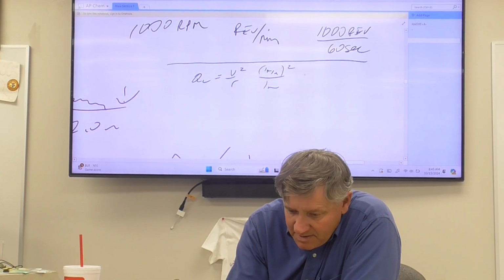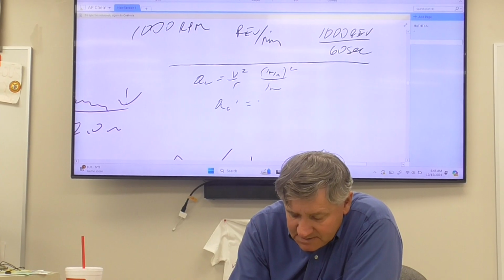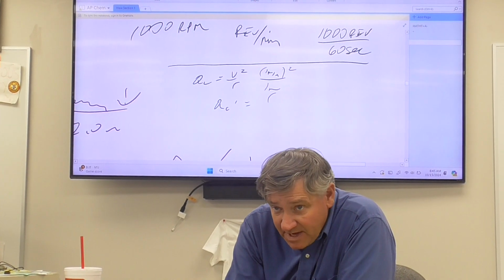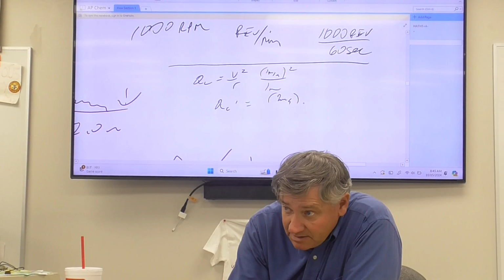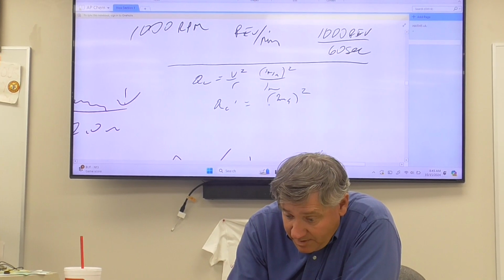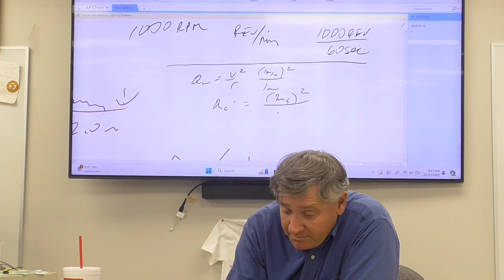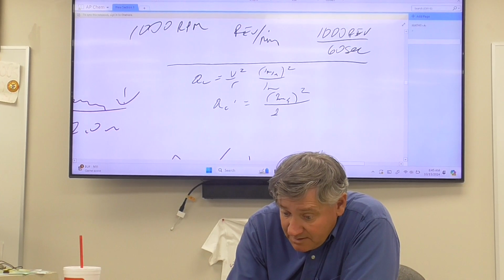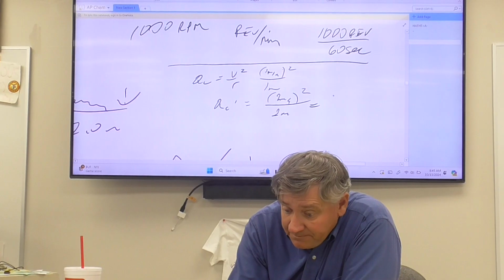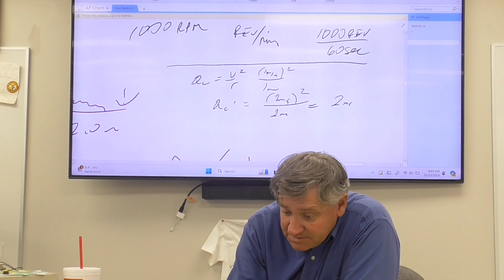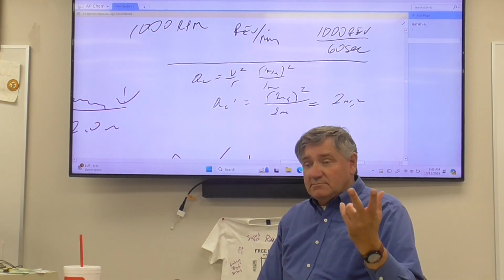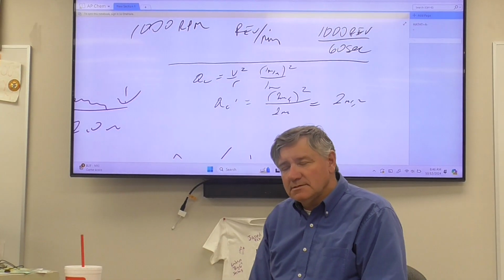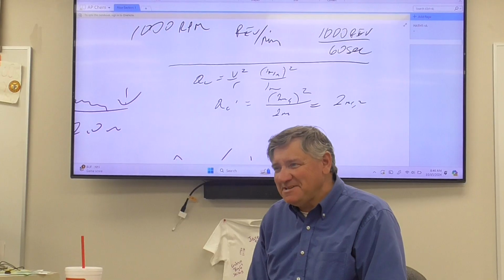So now, AC prime is gonna be, instead of 1 meter per second, 2 meters per second, but that's going to get squared. And then instead of dividing by 1 meter, I'm gonna divide by 2 meters. So that's gonna get you 2 meters per second squared. So what's gonna happen to your acceleration? It's gonna change. It'll be new.